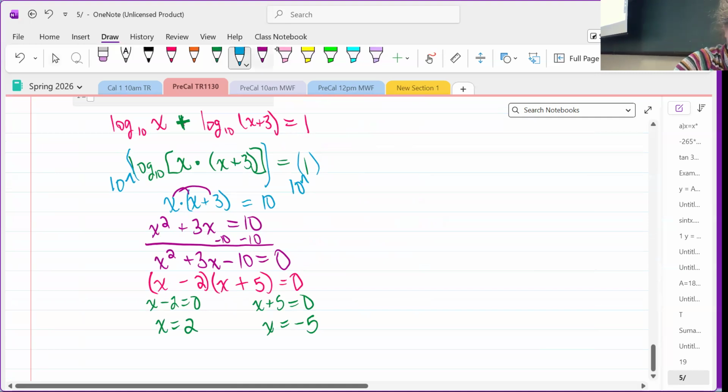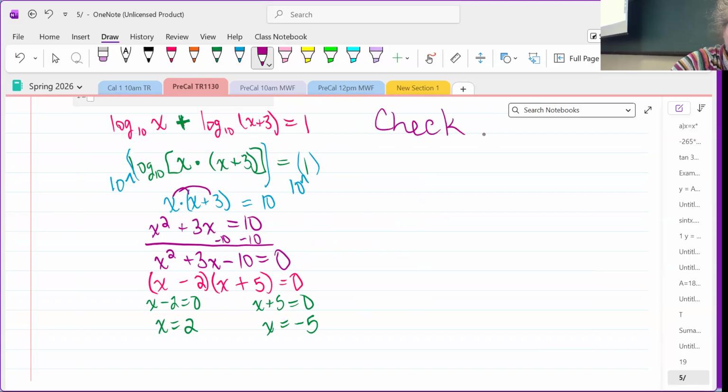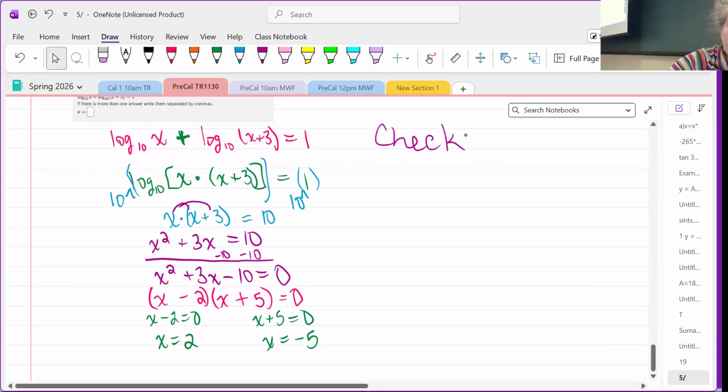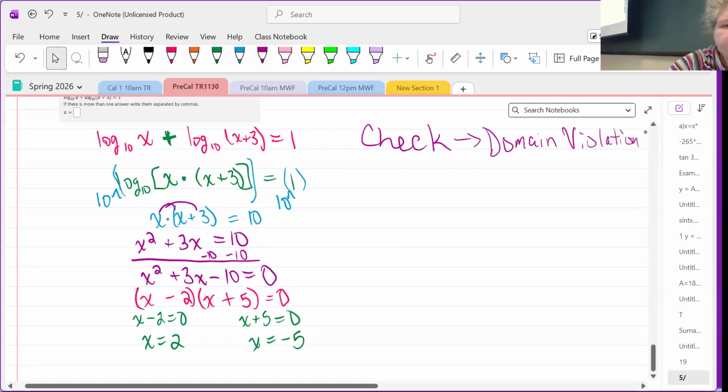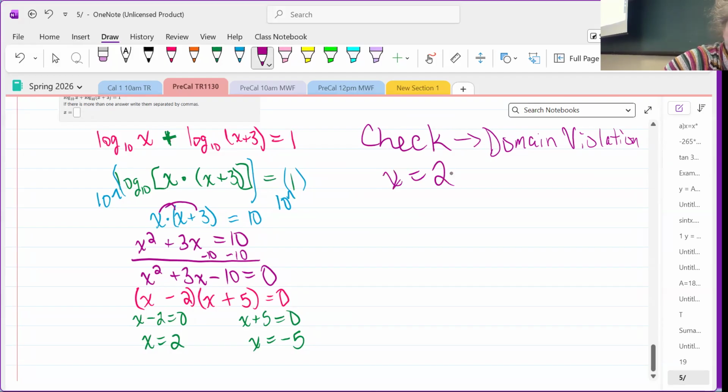Now on a log equation, you want to check your result, and what you're looking for is a domain violation. So I'm going to check x equals 2 back into the original equation.